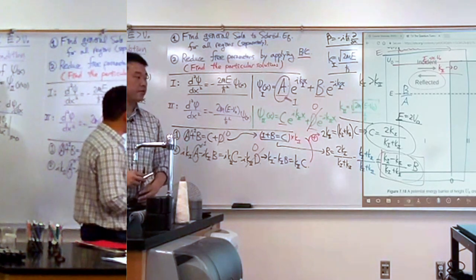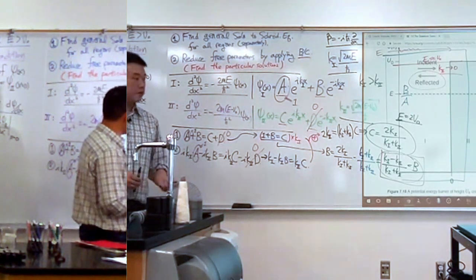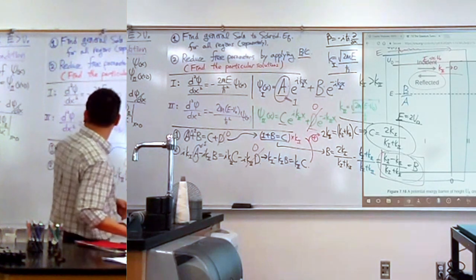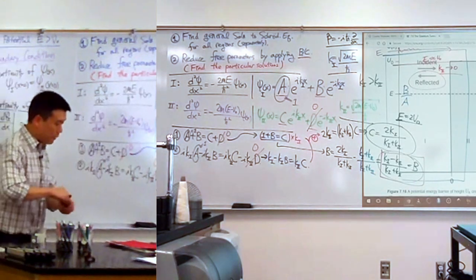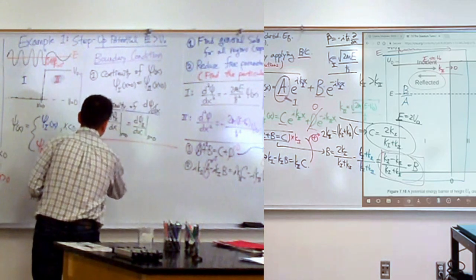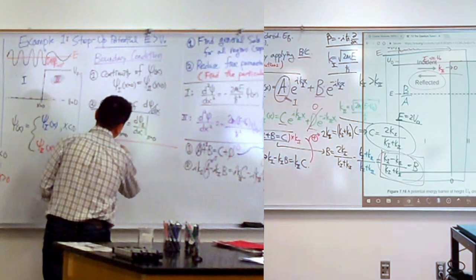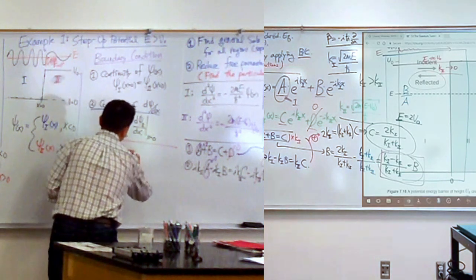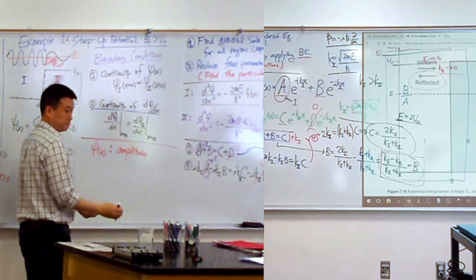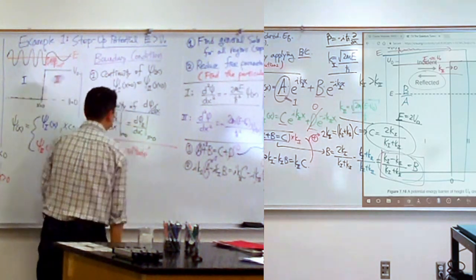Here's how you can calculate reflection probability. These are coefficients, and what I hope you remember from what we were covering with quantum mechanics before is that psi gives you the wave function amplitude. This word amplitude has no physical meaning.